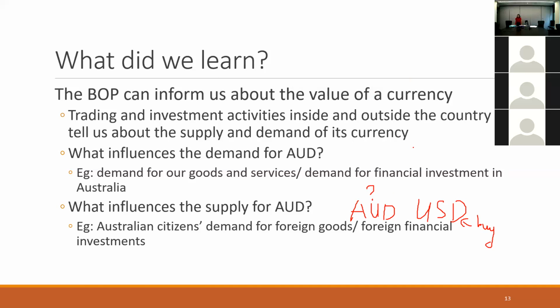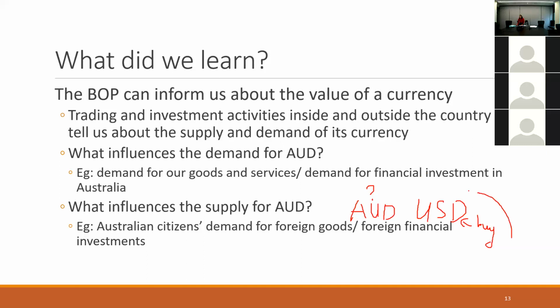Did someone want to say something in the chat screen? Demand will go up. Any other idea? So no, the answer is not demand. The answer should be the supply.